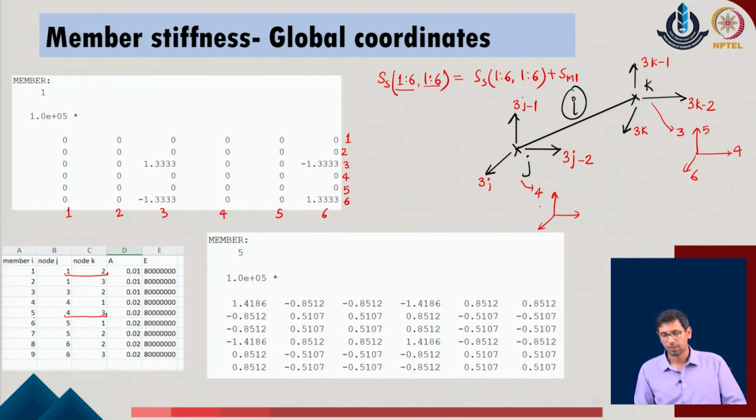With respect to the value 4, we get 3 into 4 minus 2, which means 10, 11 and 12, whereas 3 into 3 minus 2 means 7, 8 and 9. So if I pick the stiffness matrix for member 5, it will go to the positions 10, 11, 12, 7, 8 and 9 in the given system.